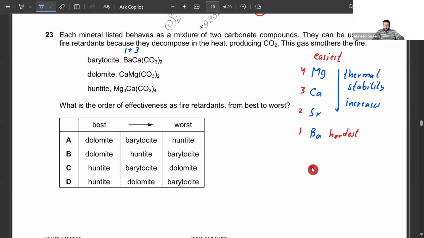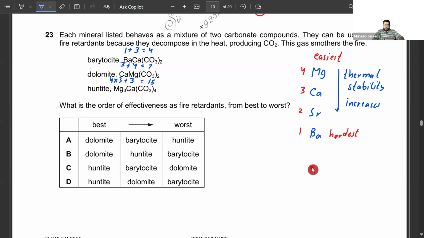And for dolomite, I have calcium and magnesium. Calcium is assigned number 3. Magnesium is assigned number 4. 3 plus 4, so I will add those values as well. Now in huntite, there are 3 magnesium atoms. So 4 times 3 plus I have calcium as well. So 3. Now add these values. This is 4, this is 7, and this is 15.